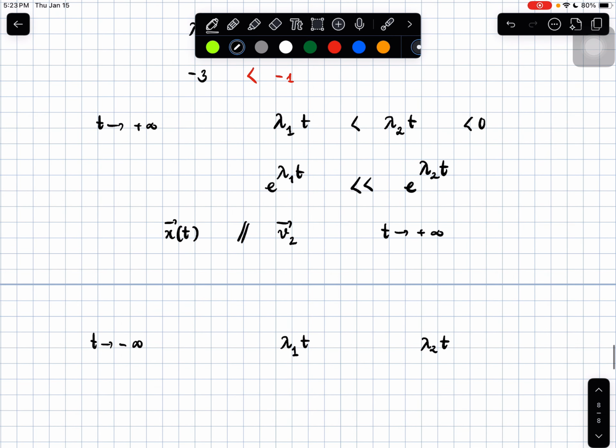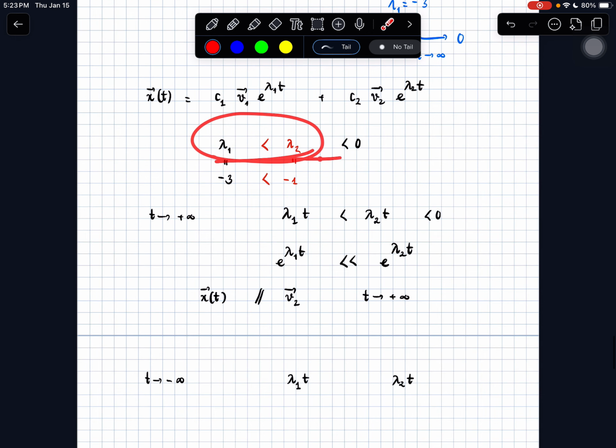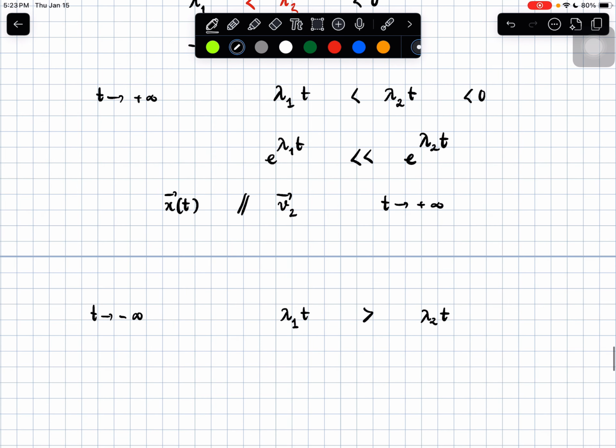When you multiply by a negative number, the inequality changes direction, so lambda 1 t is bigger than lambda 2 t, which is bigger than 0.